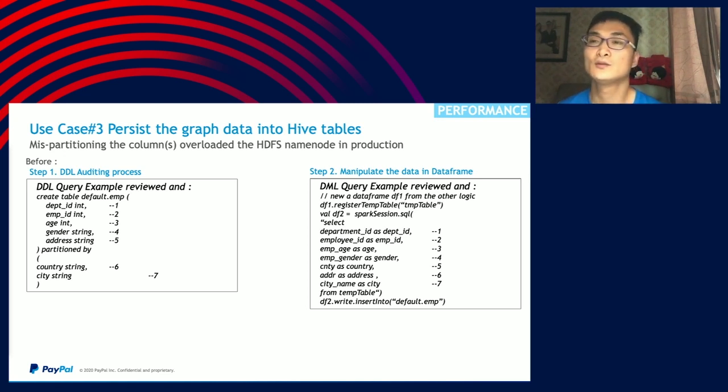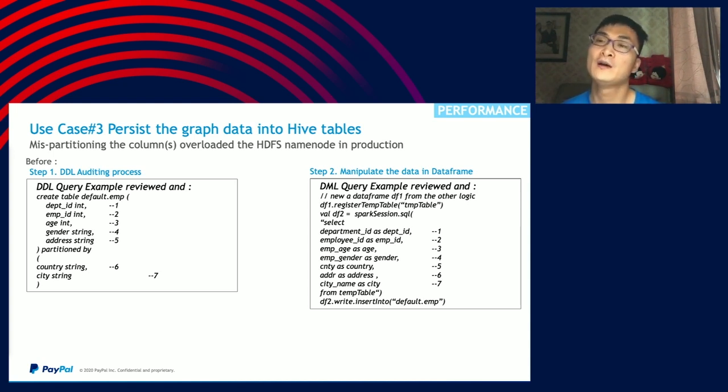And at the right side is the code in our Spark application that uses the DataFrame. Firstly, we will create a DataFrame df1 from some logic, which may be complicated, and then we will register this DataFrame as a temp table.